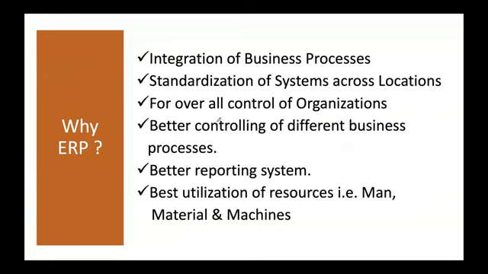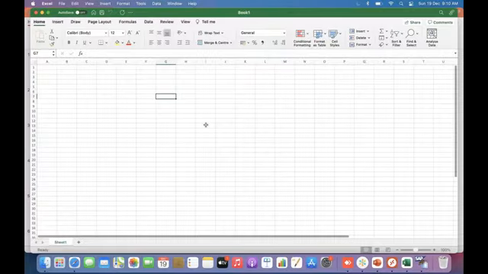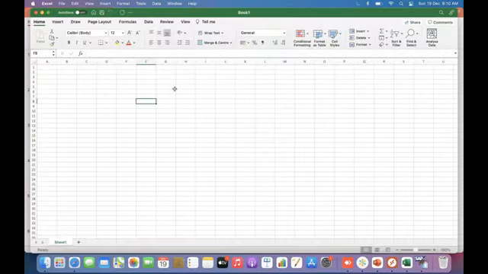ERP is an enterprise resource planning tool. Before going to that, this we discussed yesterday as a part of the high level overview. In any typical manufacturing company, normally you will have different departments.